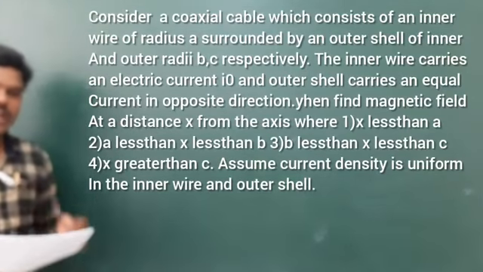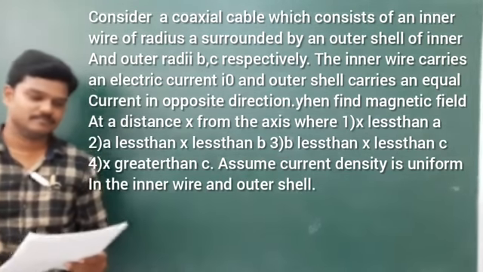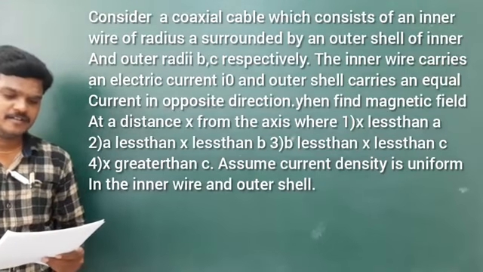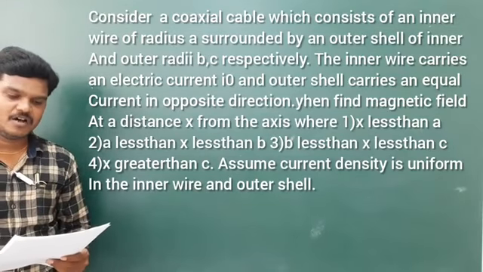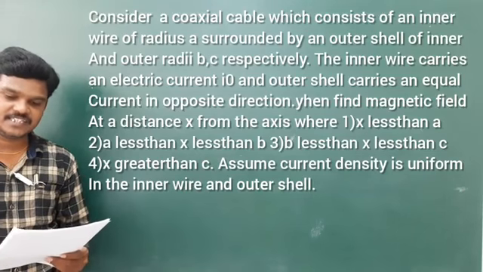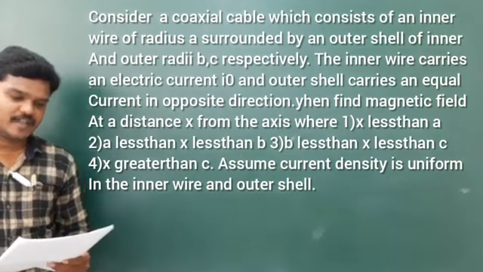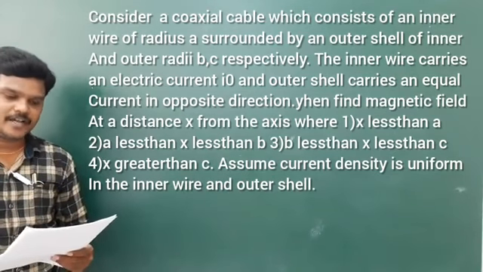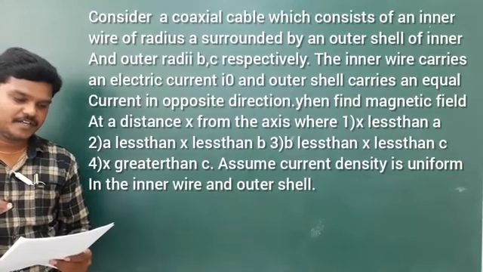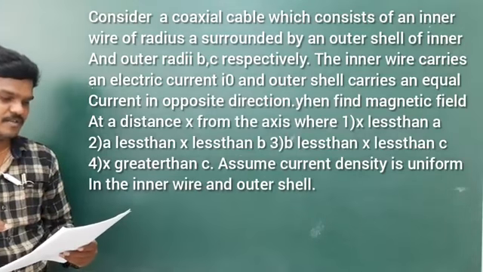Consider a coaxial cable which consists of an inner wire of radius a surrounded by an outer shell of inner and outer radii b and c respectively. The inner wire carries an electric current I0 and the outer shell carries an equal current in the opposite direction.